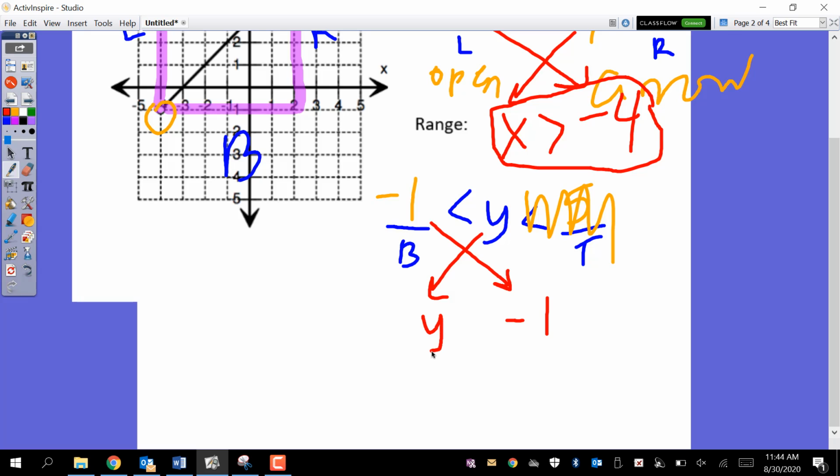And I need to flip my symbol. Then this is my answer: my range is the numbers y greater than -1. Go ahead and watch the next video for more examples.